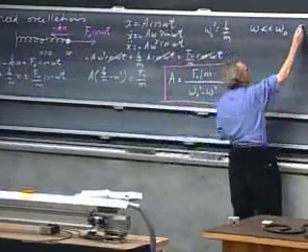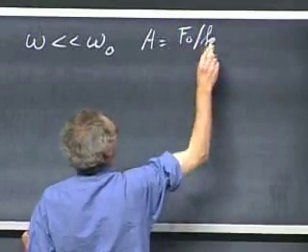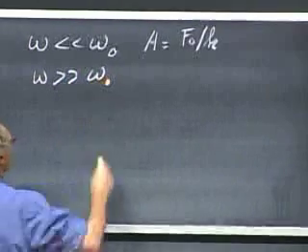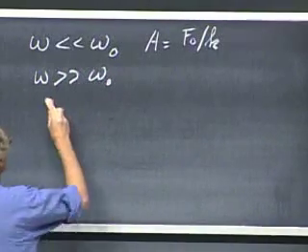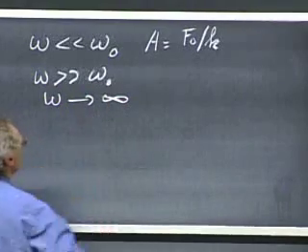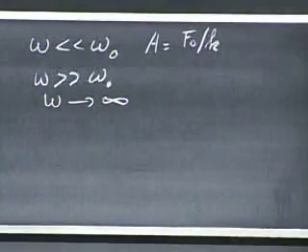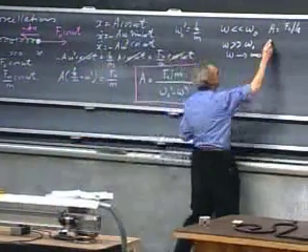So you get an amplitude A, which is F0 divided by k. If you go omega way above the natural frequency, or let's say omega goes to infinity, becomes very, very large, then downstairs becomes very, very large, so A goes to 0.